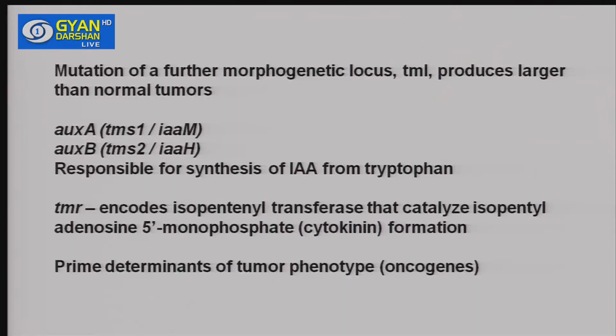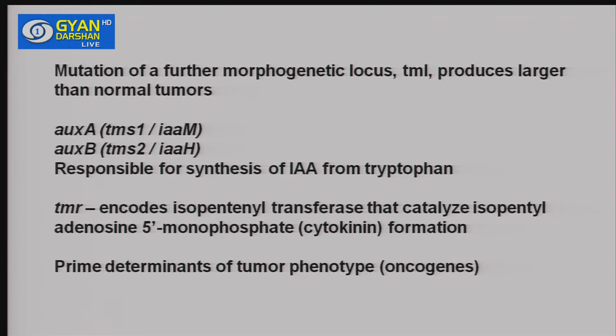Now, mutation of a further morphogenetic locus, TML, produces larger than normal tumors. So in case of auxin biosynthesis, what are the genes? AUXA and AUXB, which are also otherwise known as TMS1 or TMS2. And in case of cytokinin production, you have the TMR. It encodes isopentenyl transferase that catalyzes isopentenyl adenosine 5' monophosphate or cytokinin.